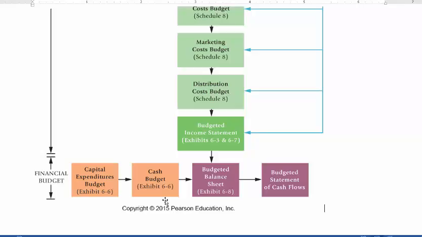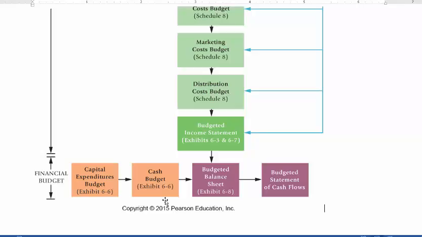All of those outflows or disbursements are going to show up as line items on the cash budget. We will even show if we have to obtain any financing. We will show if we pay back any financing. And we'll even show paying back interest expenses on any financing that has to be planned into the cash budget.